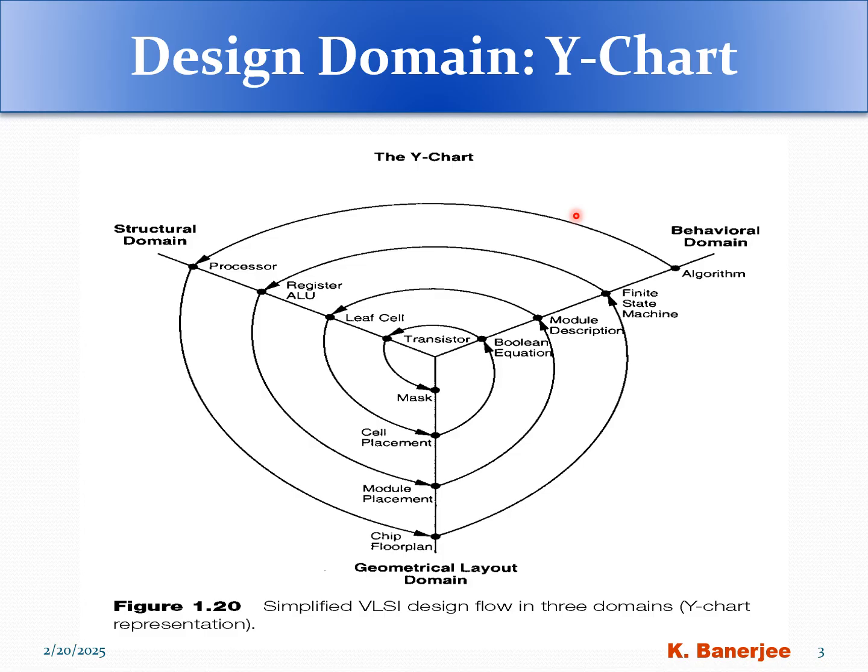And the next is the structural domain. In this domain, the circuit is described by a set of sub-circuits. A bigger circuit is described by a set of sub-circuits and the interconnection between them. In this structural domain, we have processor, register or ALU, or RAM, the memory units, leaf cell, and the basic cell is the transistor.